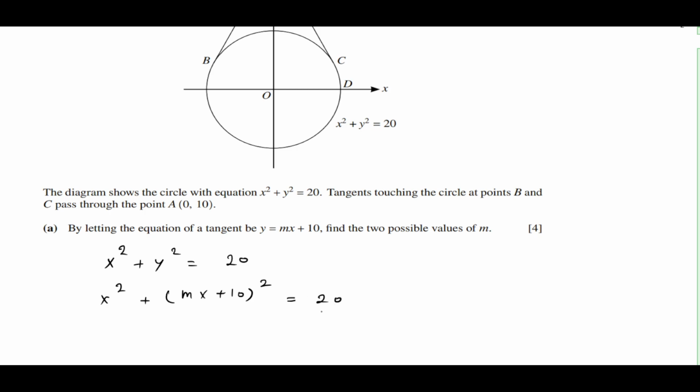Now here I have to find, so this equation will be x² + m²x² + 20mx + 100 = 20.